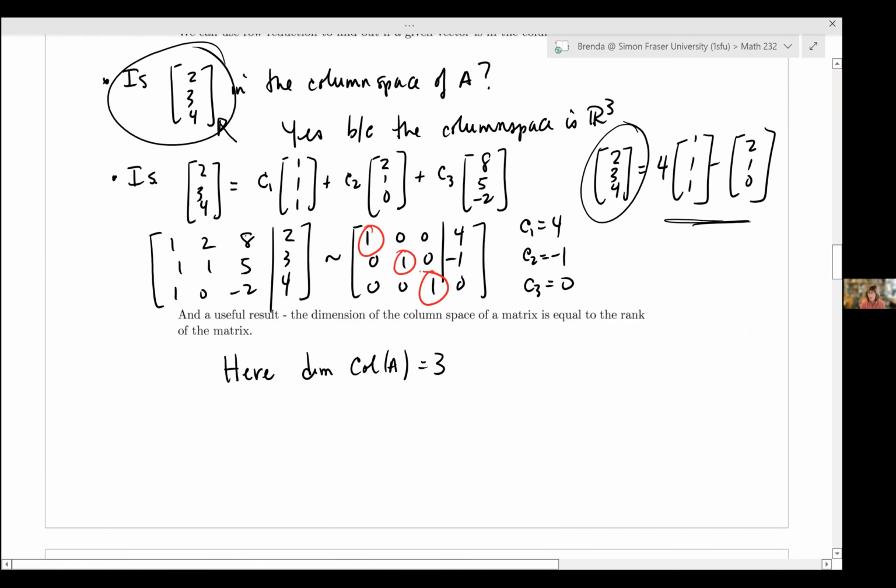There they are. And that's how we determine the rank. So you can see the rank of A is 3. And these things will always be the same. So the rank is, of course, the number of leading ones in the row reduced version of A.